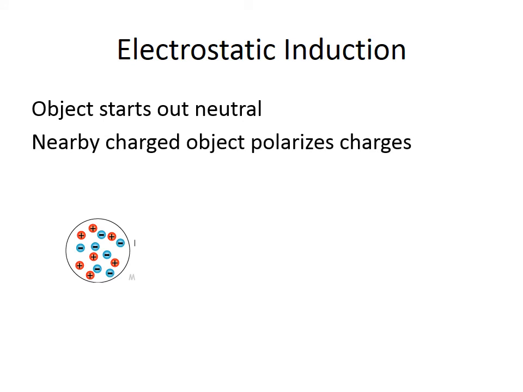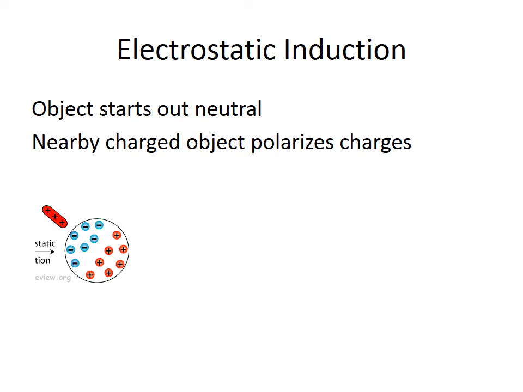We bring a nearby charged object to polarize the charges inside the neutral object. It doesn't come in contact. It doesn't transfer through conduction. It's just going to move them around. You can see we brought a charged object near it. It's positively charged. The little thing that looks kind of like a cap lid that's positively charged in red.